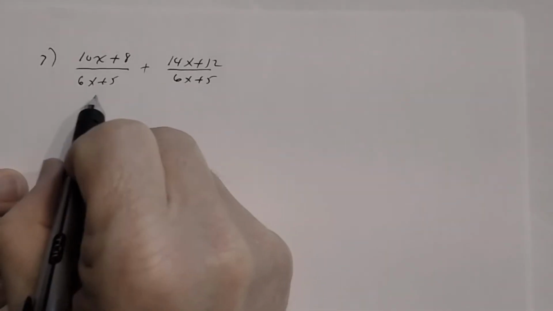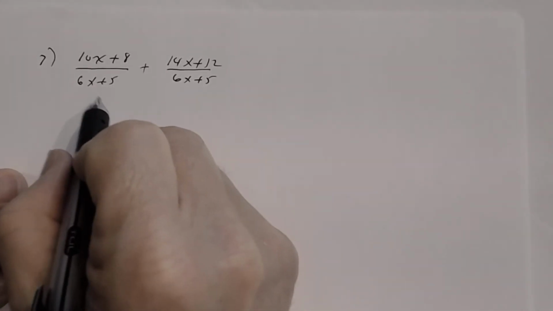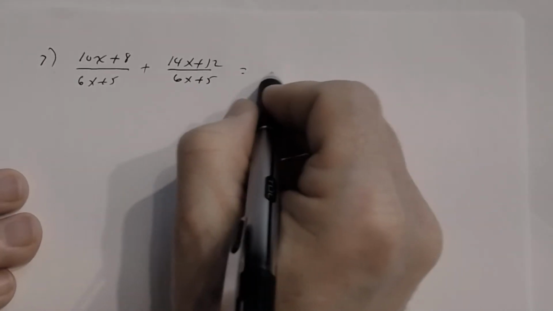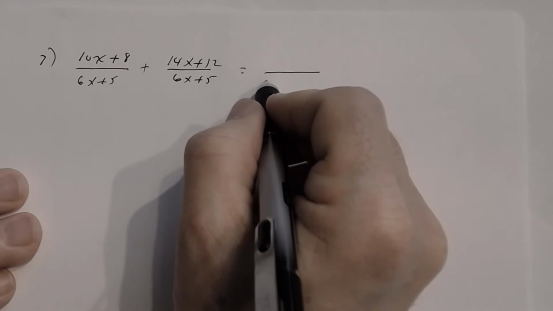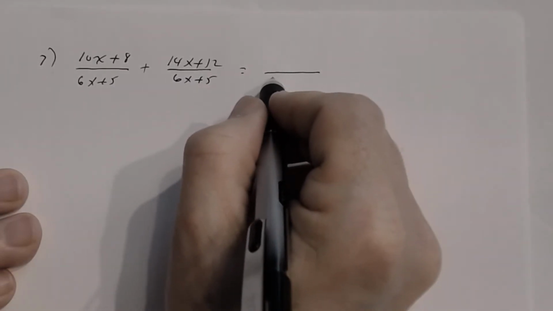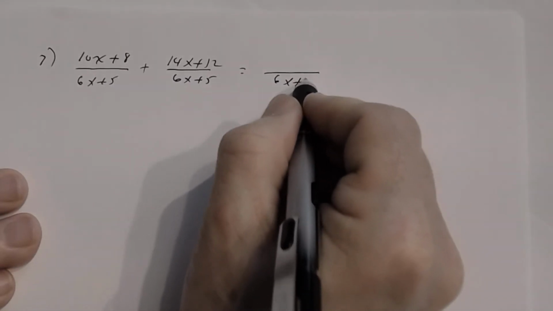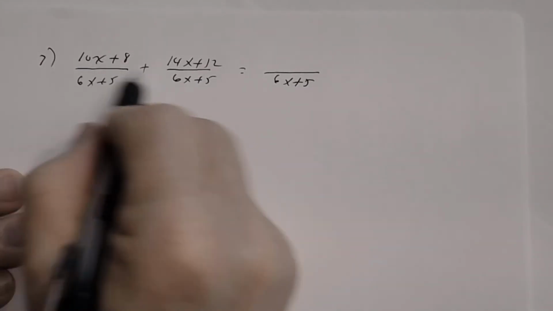I want to add these two rational expressions. The denominators are the same, so I can combine this into one rational expression with that denominator, just like that. And then all I do now is add their numerators.